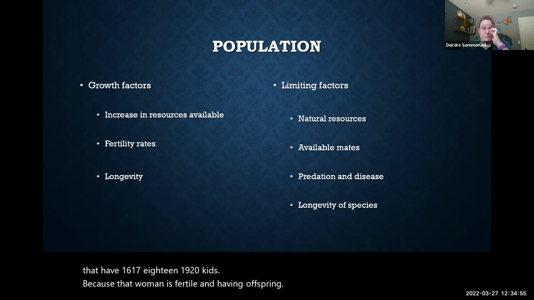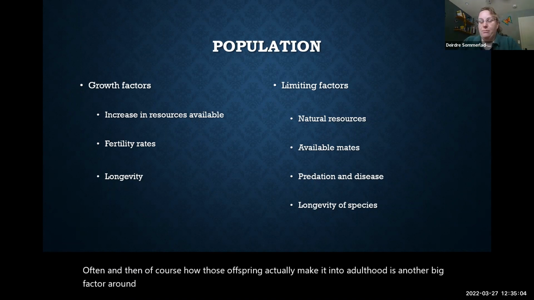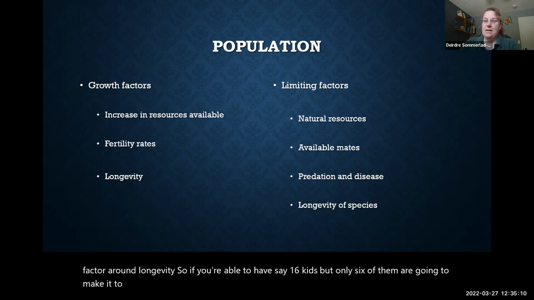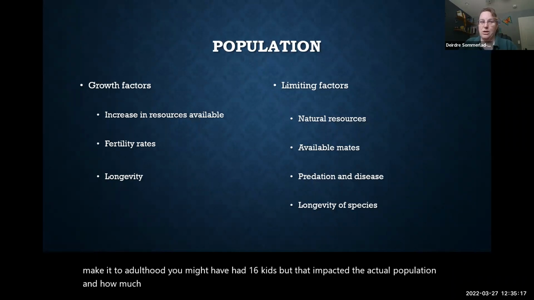And then, of course, how well those offspring actually make it into adulthood is another big factor around longevity. If you're able to have, say, 16 kids, but only 6 of them are going to make it to adulthood, well, you might have had 16 kids, but how that impacted the actual population and how much it grew the population is very different than how many offspring you had.